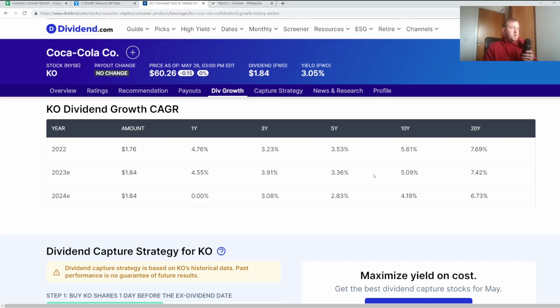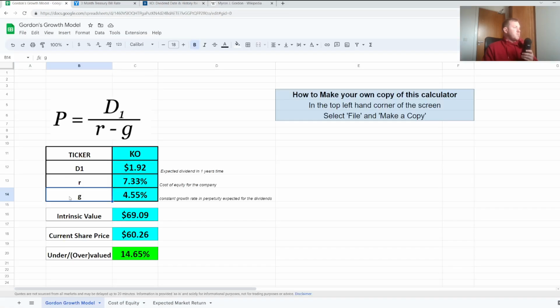I could have gone with 7.42%, which is what they expected the average growth rate to be over the next 20 years. Or I could have gone with a lower estimate here of 3.36%. But I decided to stick with the same growth rate that I just applied to the D1 calculation of 4.55%, and then I have input that here into one of my inputs here, the G. So that is your constant growth rate in perpetuity expected for the dividends of the company.